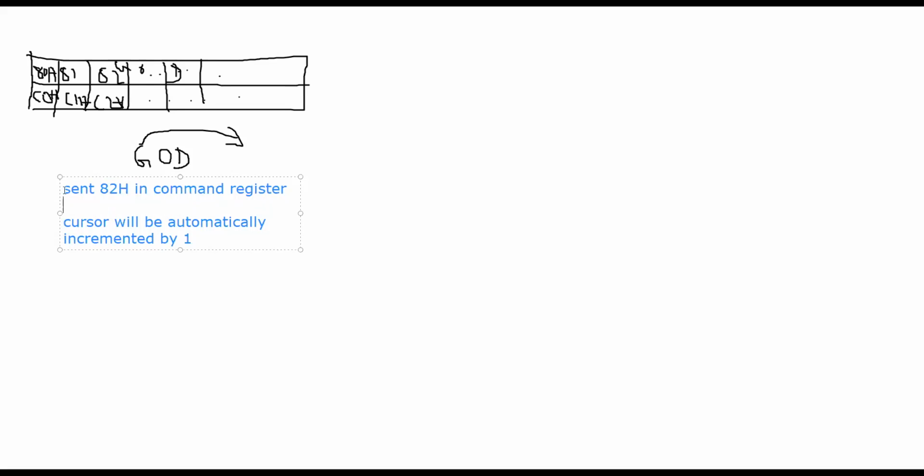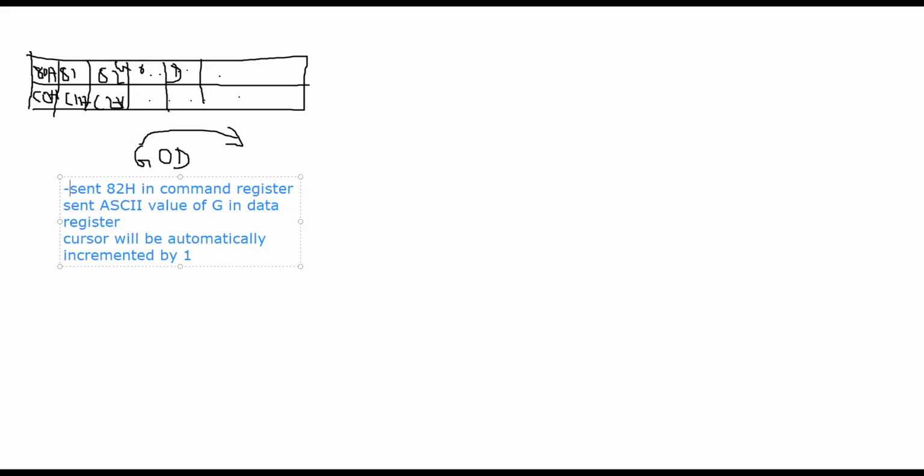and send the ASCII value of G in the data register. This is a more prominent way of explaining. Am I clear to you or not?